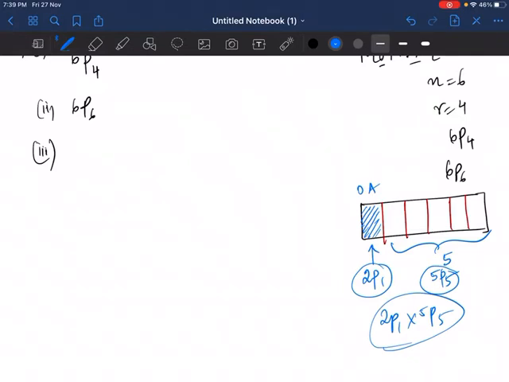Okay, so let me write this one here. All letters are used but the first letter is a vowel. The first letter being a vowel can be done in 2P1 ways. In 2P1 ways we make the first letter a vowel.